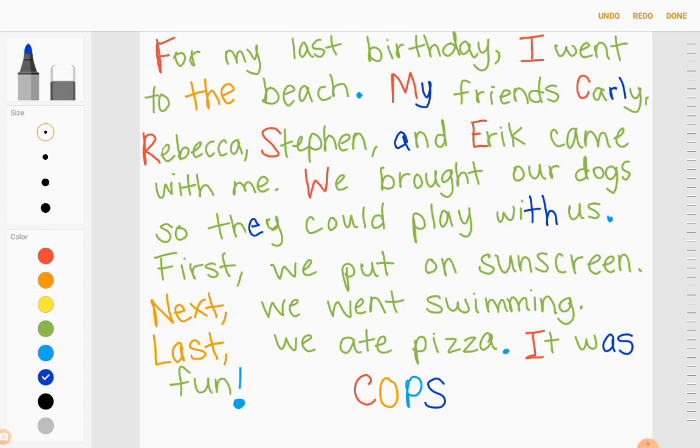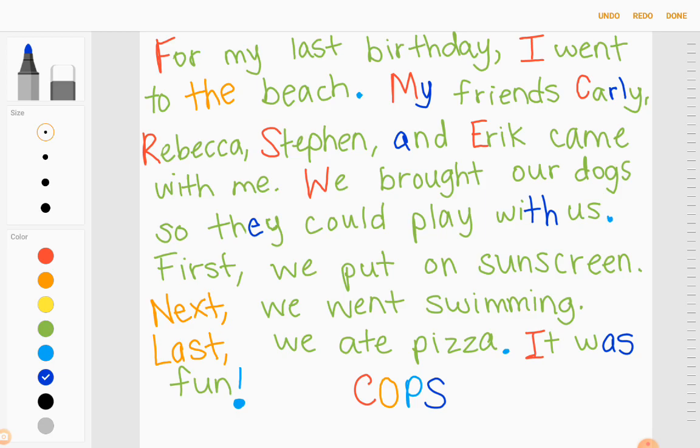You could also just use pencil if you want to use pencil for the whole thing. And if after you edited it, you think that you could write it in better handwriting and make it look neater, you're welcome to write it again, or you can just take a picture of how you changed it and submit that.